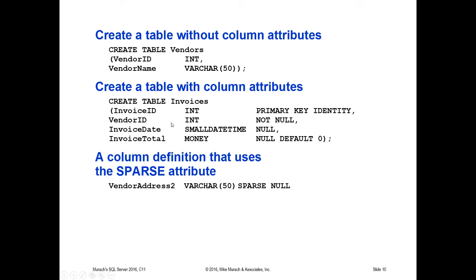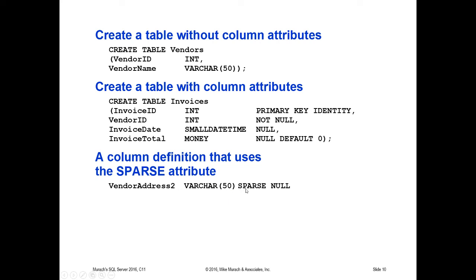We also have the vendor ID column on our invoice table, and it cannot be null because an invoice cannot exist unless we know its vendor. We have our invoice date, and we're going to use the smalldatetime data type. We are okay with nulls, and our invoice total column is going to be a money data type. Nulls are okay, but the default is 0.